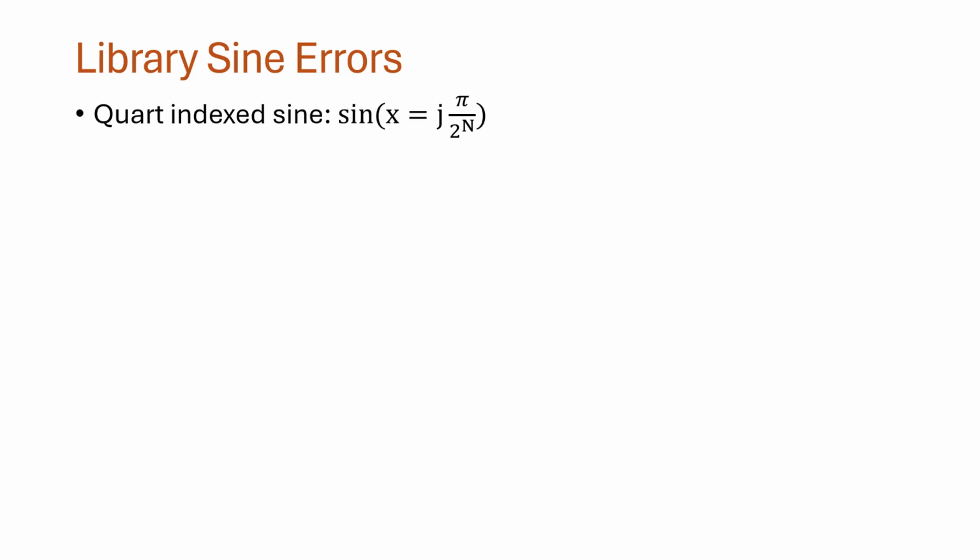Let's first define an ideal library function called the quartz index function. In FFT, the index is limited to pi over 2 to the n power times j. So instead of using a floating point x, we can use j as our input.